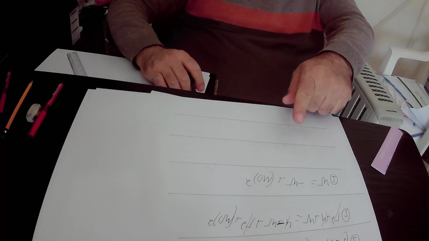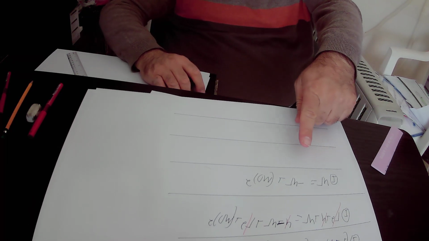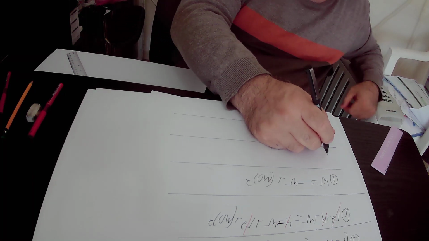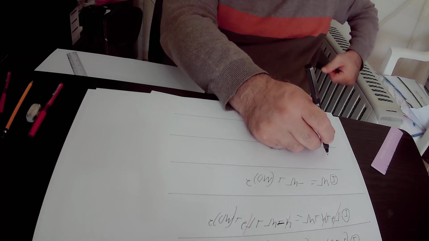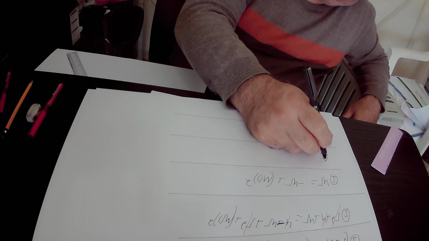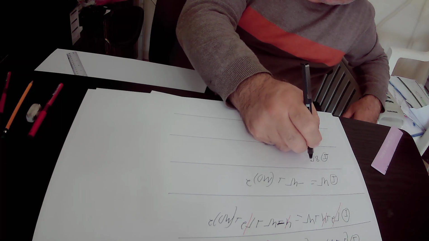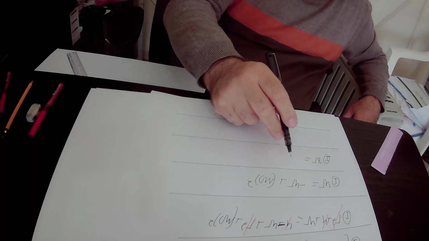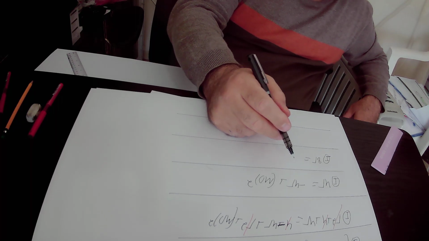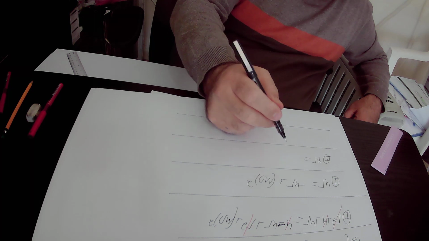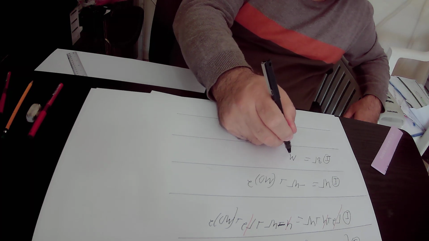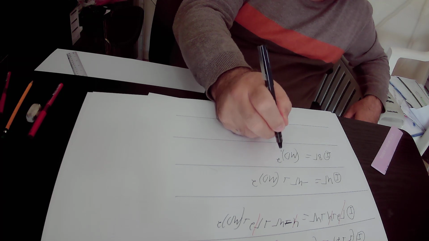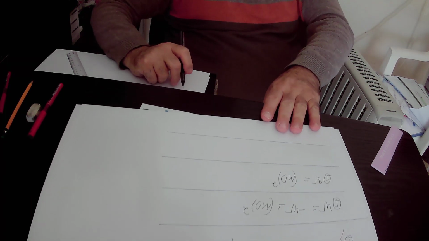So here we will add 4r to equation number 1, and we will get that 4r plus 4r is 8r. 8r equals to... 4r minus 4r is 0, so 8r equals to md squared. 8r equals to md squared.